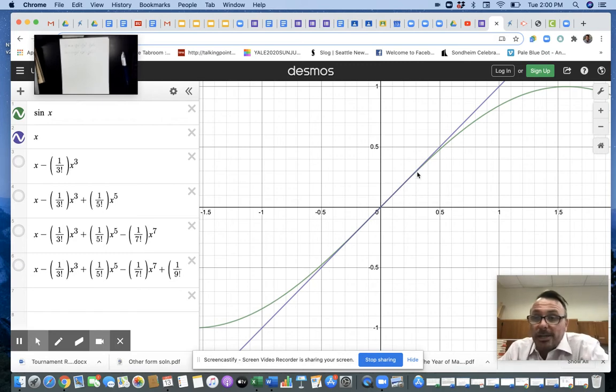There's not that much distinction between the sine function and the y equals x function in that segment of the domain. And that's really cool, because what that means is if I'm willing to only look at small values of x, then sine of x could be approximated as just x.